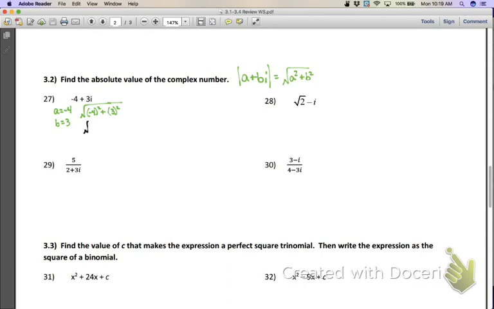Negative 4 squared is 16. 3 squared is 9. So 16 plus 9 is the square root of 25. Now, since that's a perfect square, I can actually get a value. I don't have to stop here. So my answer is just going to be 5. Now, it's absolute value, so it's only going to have a positive answer because absolute value is the distance from 0, so distance cannot be negative.